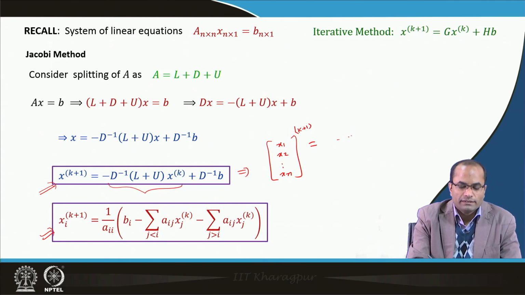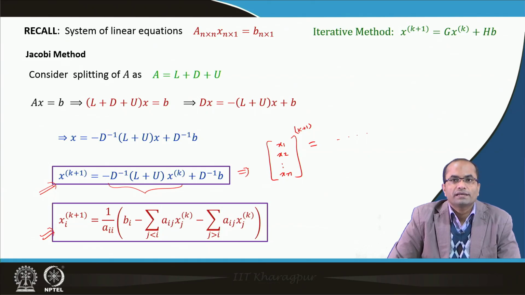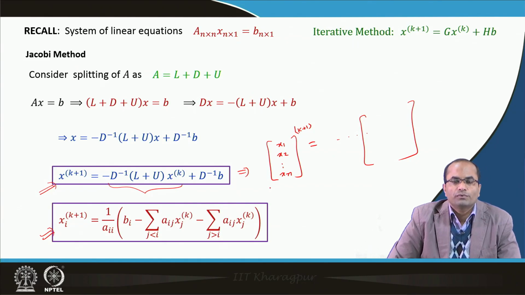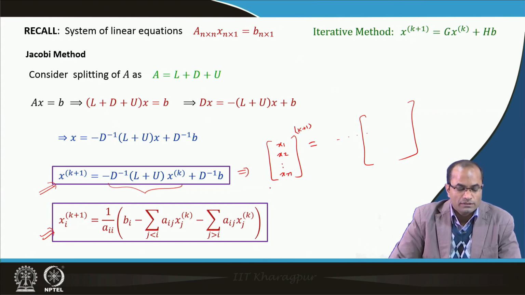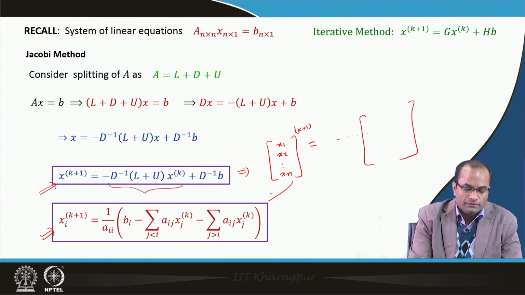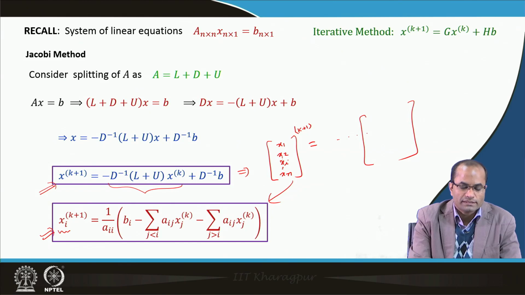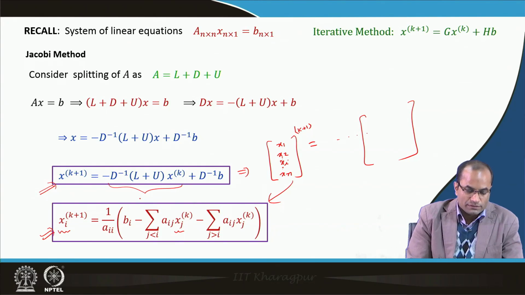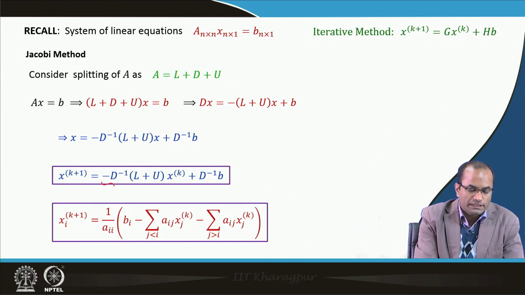Similarly, the right hand side after the multiplication also gives a vector with the same number of components, that is n. So, we have just compared each component. The general x i component is now written directly in terms of the coefficients and the other components of x, which can be seen directly from here.